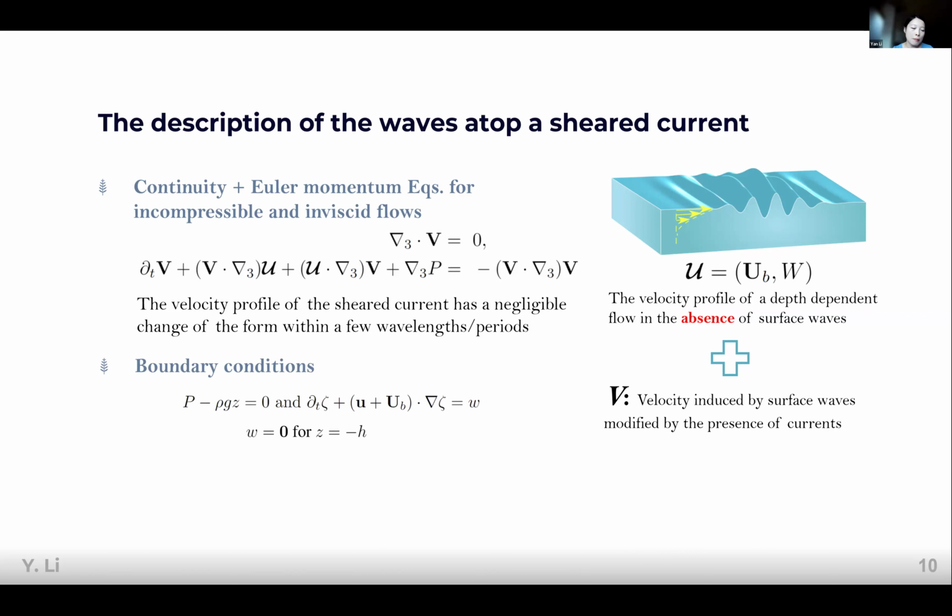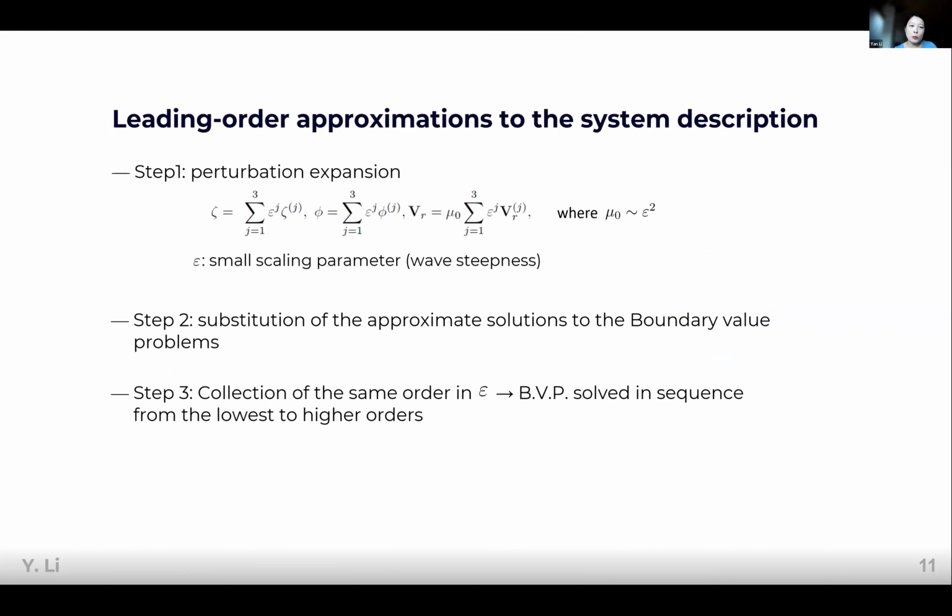So this means the system is described by a set of nonlinear equations, which is very difficult to solve. So we basically use standard perturbation approaches to find approximate solutions to the boundary value problem, as I described before. I will not go through it in detail.